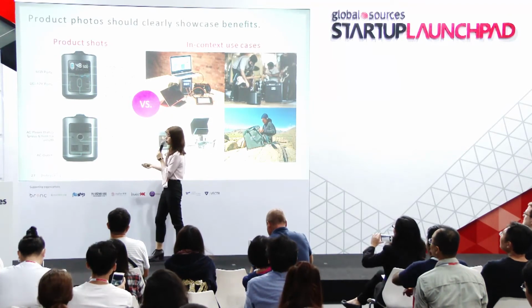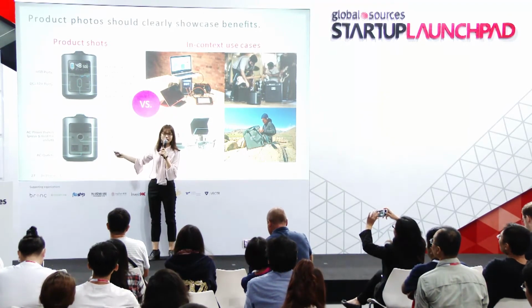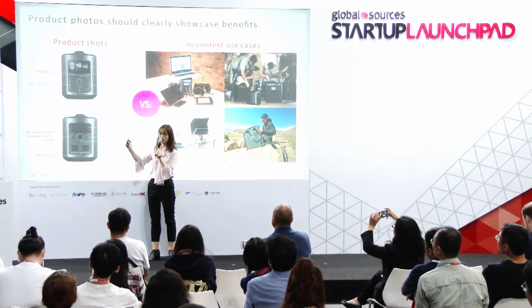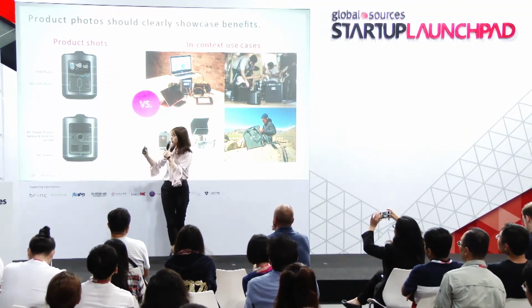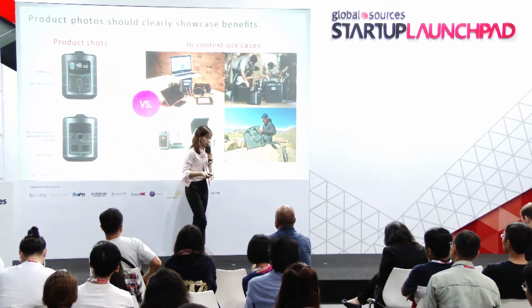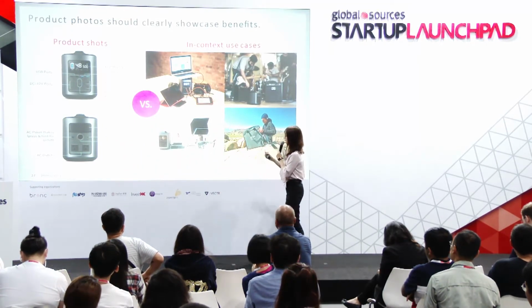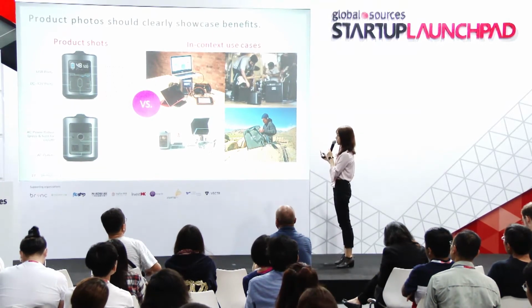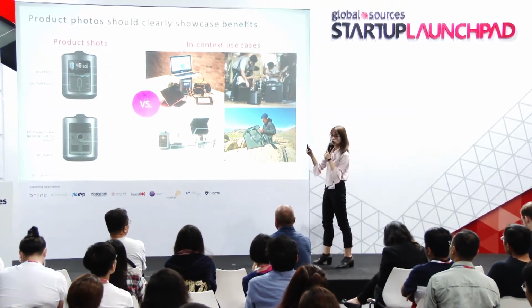We want to know what the product does and how it works, not necessarily how it looks from every single possible angle. And this is a really good illustration where you can point out all of the different nifty features of what you're offering. The second one is showing it in context. In context is important for so many reasons.